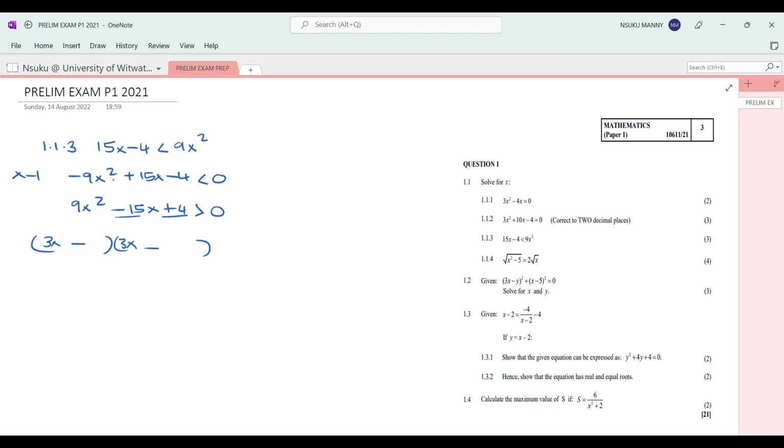If it was a positive 15, the signs would be positive. So I repeat, the plus 4 tells us that the signs have to be the same, so it's either negative and negative or positive and positive, whereas the negative 15x tells us that the signs will be negative and negative. So now we're basically going to find the factors of 4.